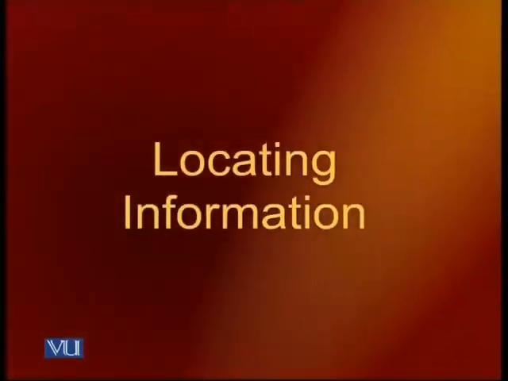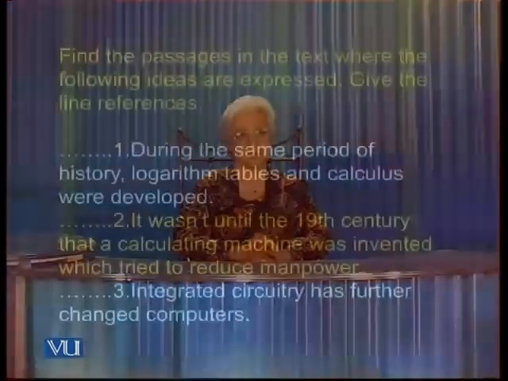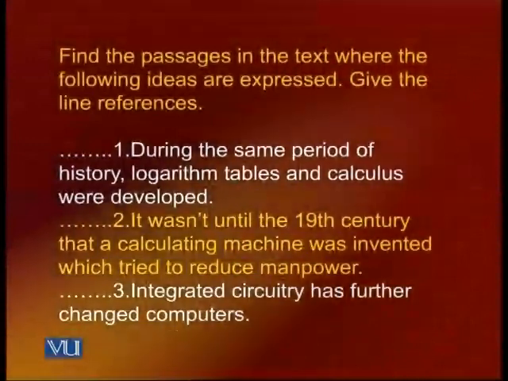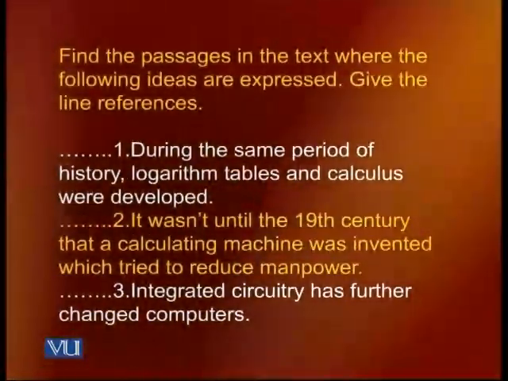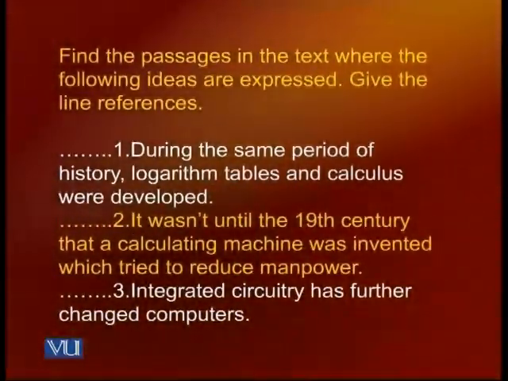Now let us look at Exercise 3, which is locating information in the text. Certain ideas are expressed and you have to go through your text and find where this idea occurs. Number 1, during the same period in history, logarithm tables and calculus were developed.